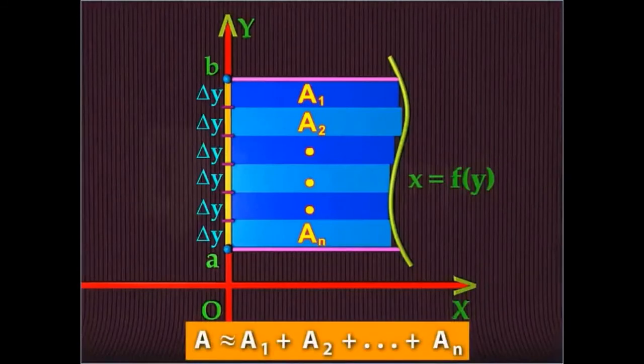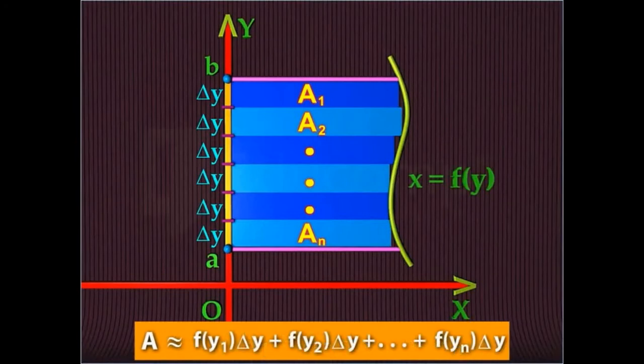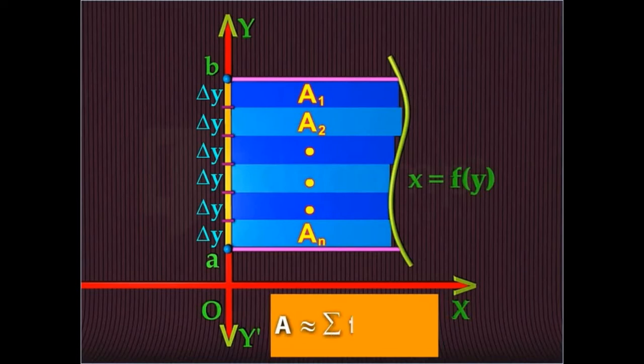By representing the area of the rectangles as the product of their respective length and breadth, we get this equation. This further indicates that the approximate area under the curve is the summation of f of y_i multiplied by delta y, where i varies from 1 to n.